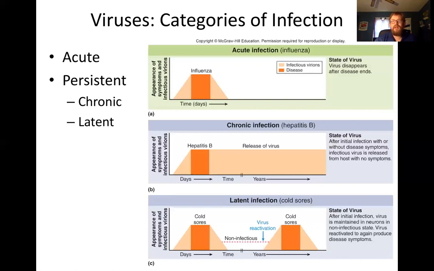And then I think one of the really interesting ones here, right, I'm sorry, chronic and latent are both in persistent, right? But this latent infection, so those of you that have cold sores, right, unfortunately a lot of times we think of genital herpes as a form of a cold sore, but a lot of folks have cold sores.